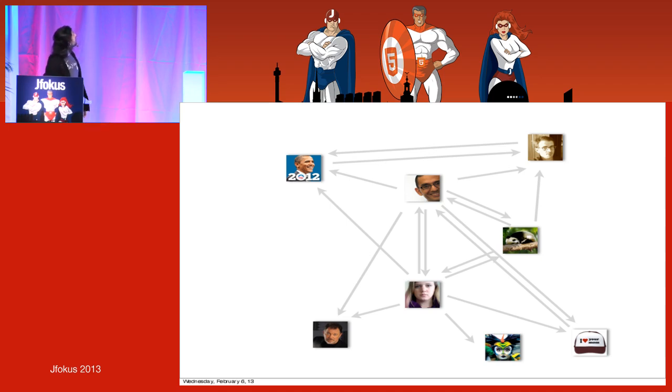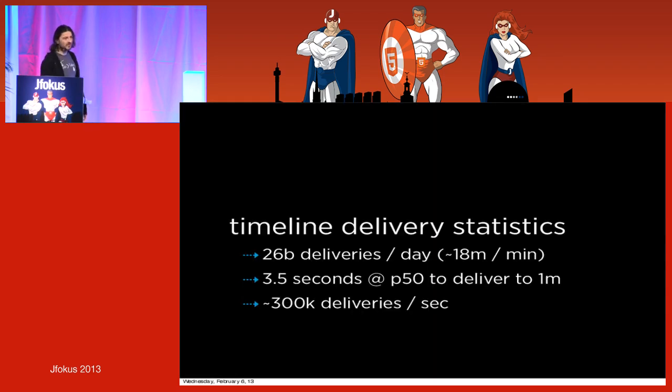So that's why it's not so much about 340 million tweets a day. But this means 26 billion deliveries of tweets a day, because each tweet has to be delivered to many people. It's like 18 million per minute. It's 300,000 deliveries per second.